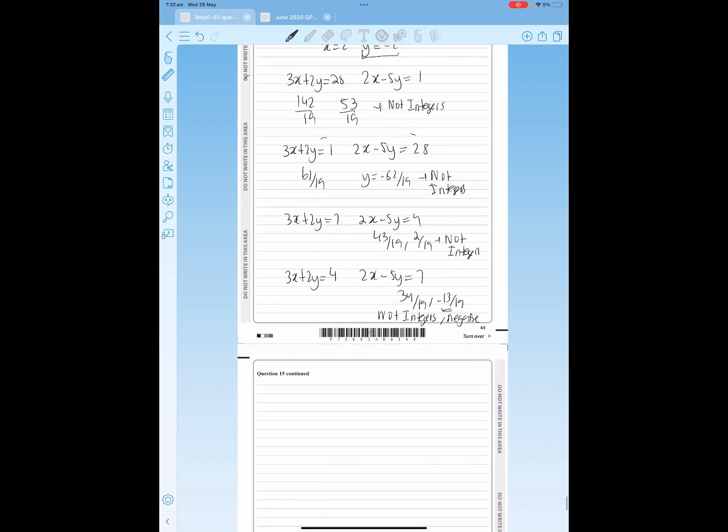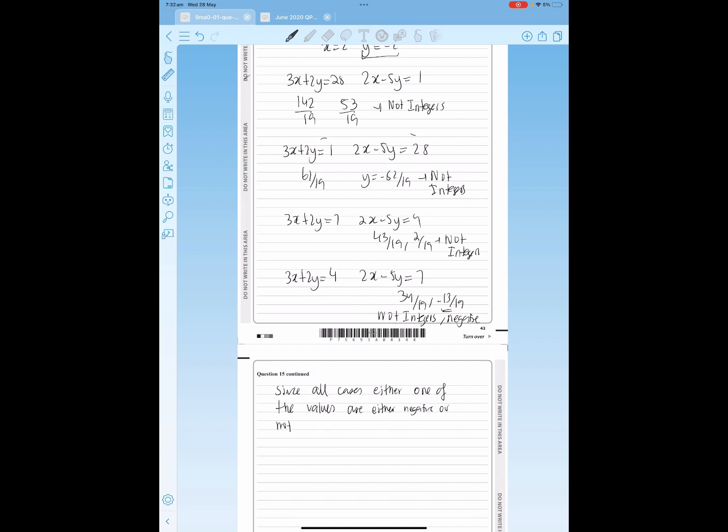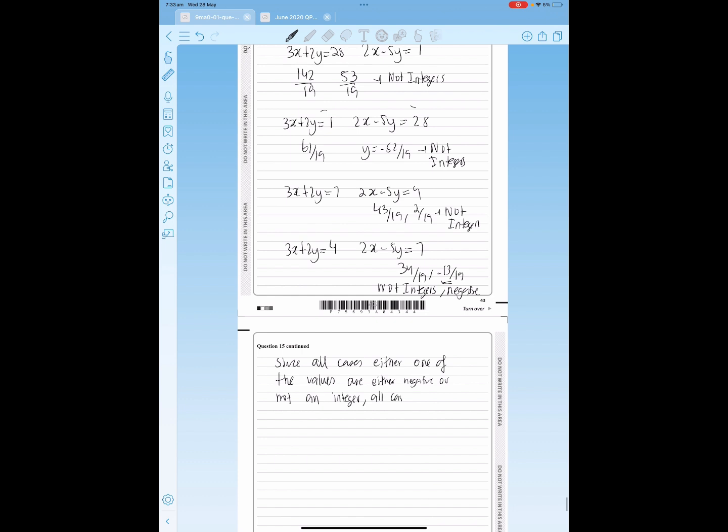So you would just say that since in all cases one of the values is either negative or not an integer, all cases have been considered and hence there is a contradiction and thus proven.